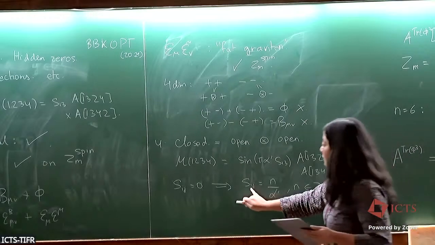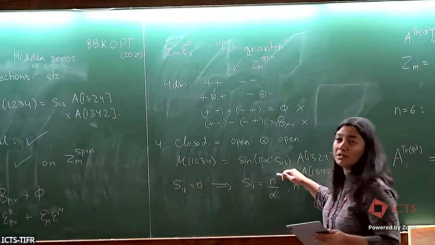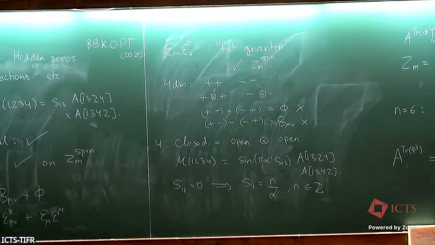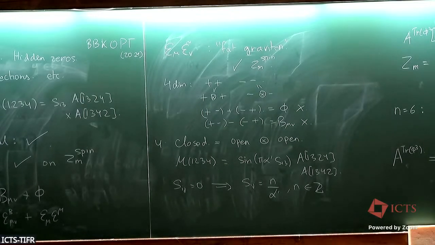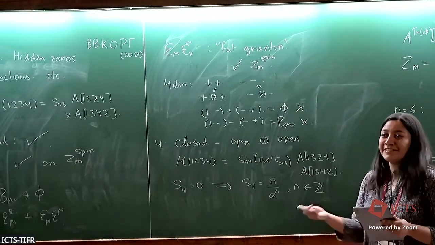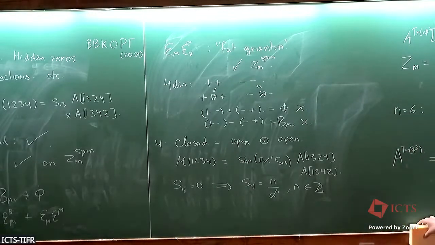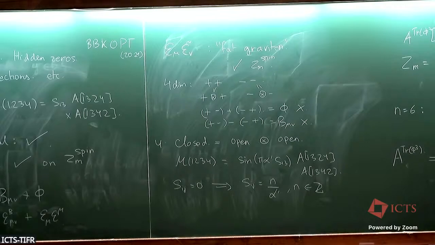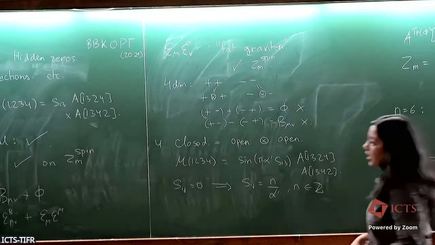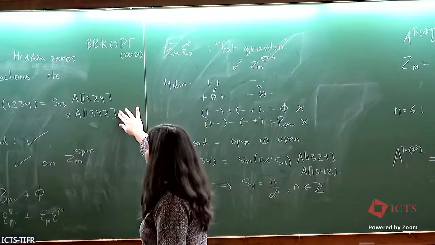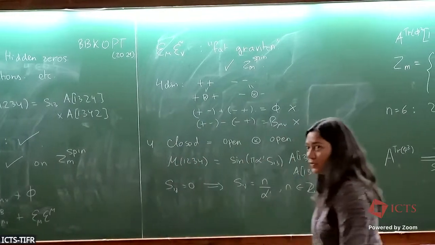And it doesn't even have to be the same integer for each ij. So this gives you an infinite number. There was already an infinite number of points where you knew that the closed string amplitude vanishes. This gives you another infinite, n times infinity number of points where the closed string amplitude vanishes. Simply from looking at the consequences of the KLT relation.